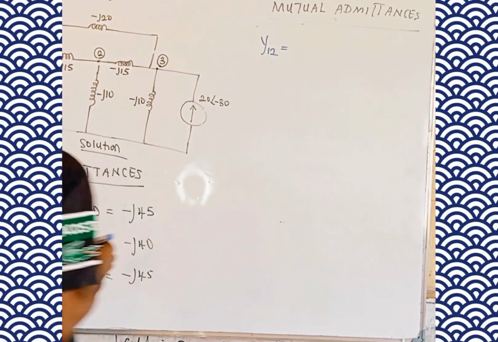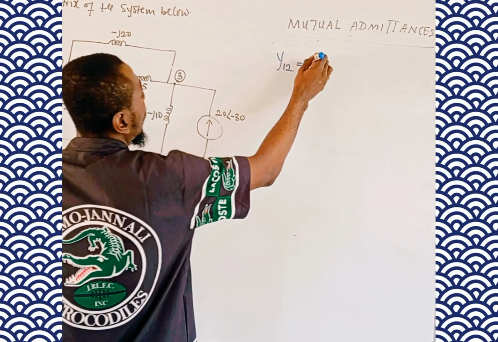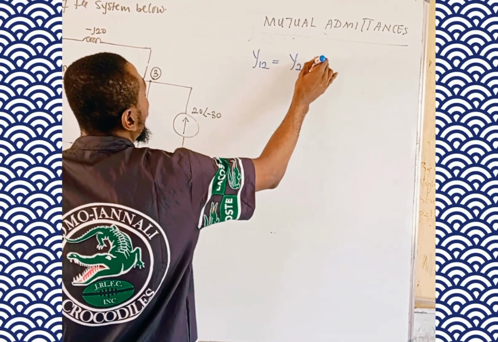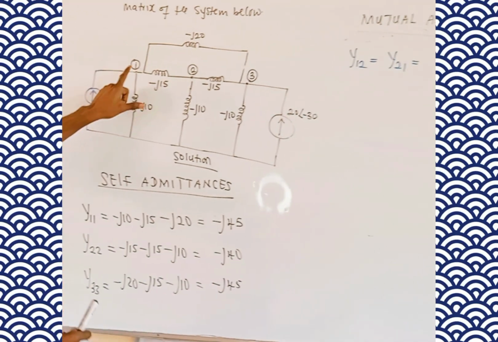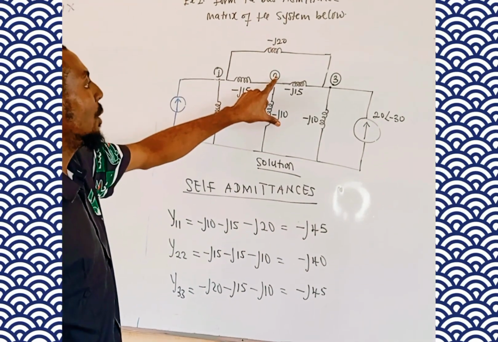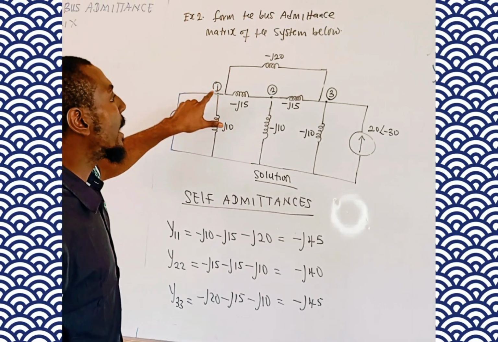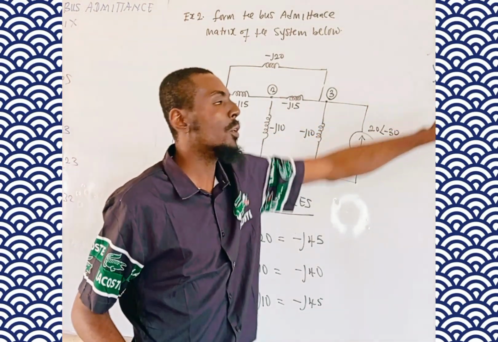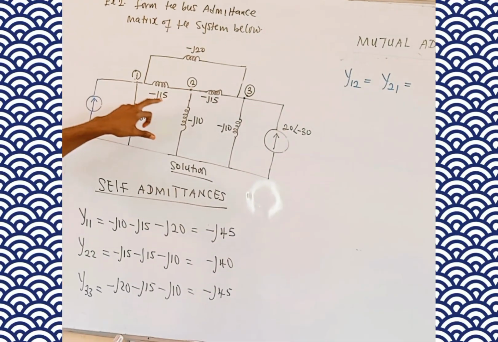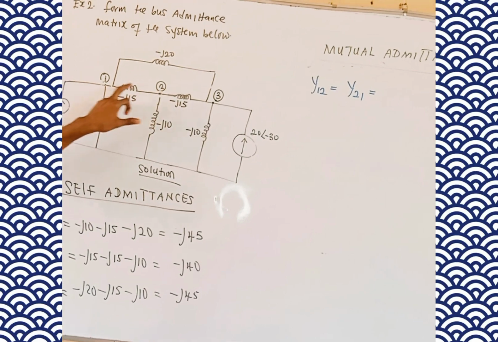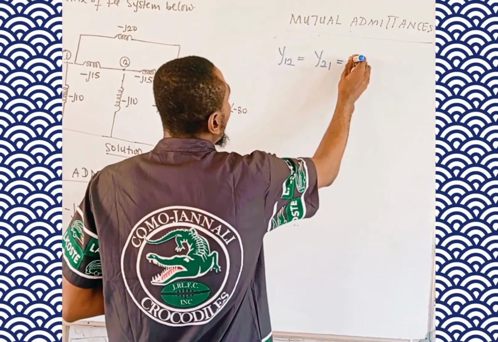Y12 is the same thing as Y21, but in the opposite direction; the negative of Y12 gives us Y21.